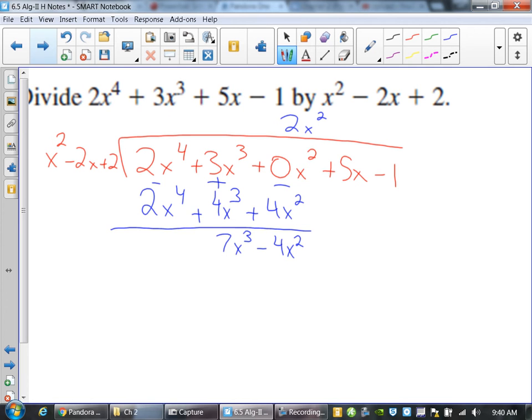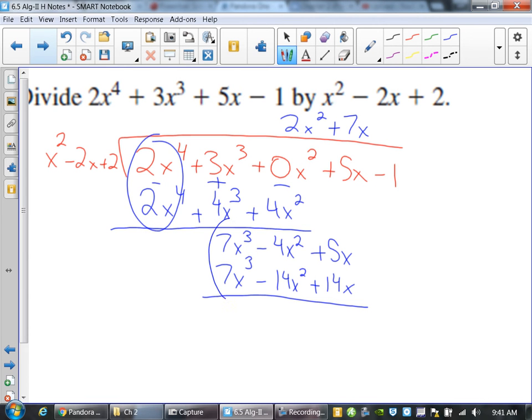And I bring down the next part. And hopefully you get 7x cubed minus 4x squared plus 5x. Okay. Now what do you think we're going to multiply by? 7x, very good. Remember, you're always trying to eliminate the front terms.